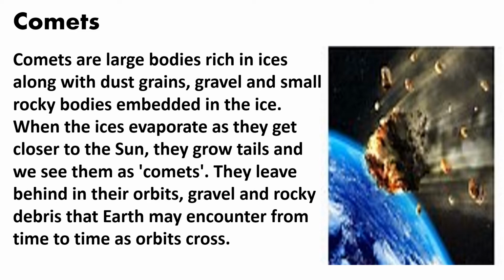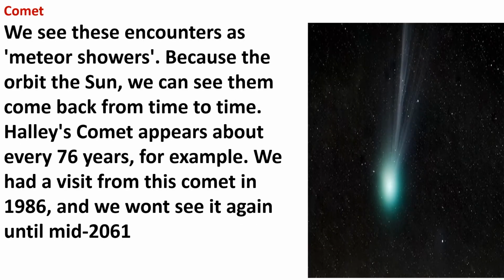So this is how they look. They are entering the atmosphere of the Earth. So we see comets in these encounters as meteor showers. Because they orbit the sun, we can see them back from time to time.